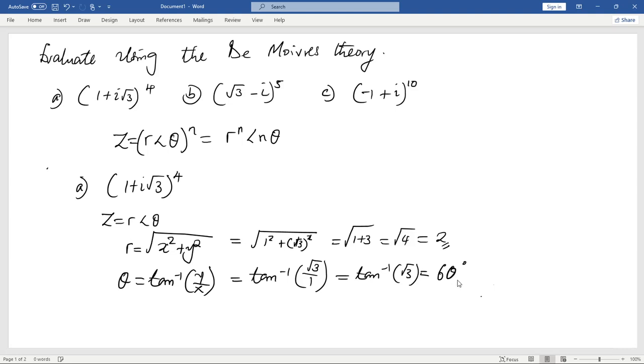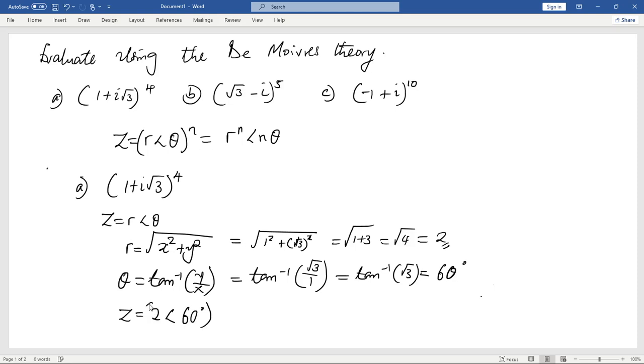So now, we need to write this in polar form. So meaning that in polar form, we have z equal to 2, then the angle theta that we have is 60 degrees.